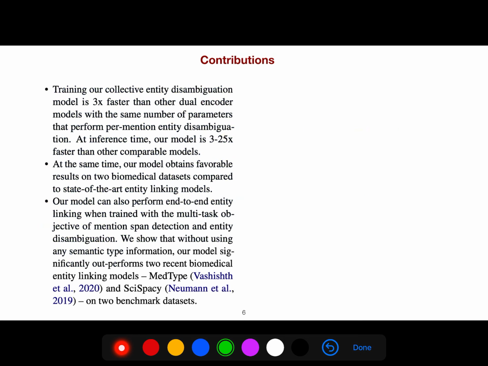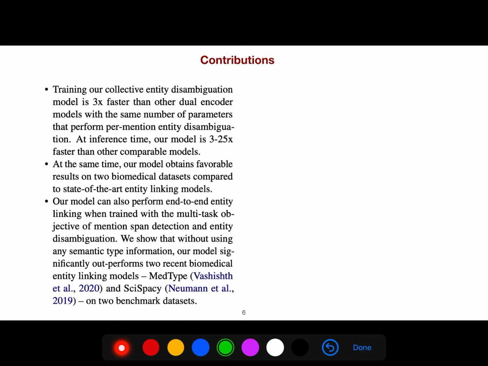The contribution is that training our collective entity disambiguation model is 3 times faster than other dual encoder models with the same number of parameters that perform per-mention entity disambiguation. At the same time, our model obtains favorable results on 2 biomedical datasets.